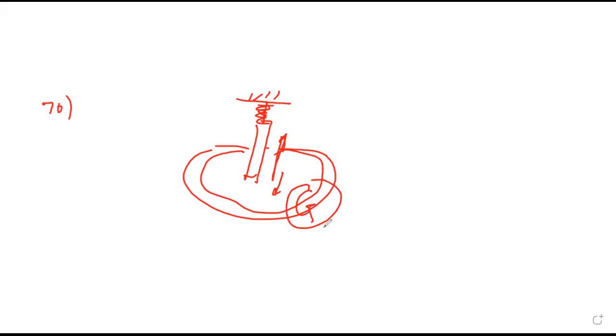Then as the magnet oscillates, G will show no deflection, wrong. G will show deflection on one side, also wrong. It will show deflection to the left and right with constant amplitude. Let us see what happens. When it is moving at a constant rate, the field will increase and decrease at a constant rate. This line clear?